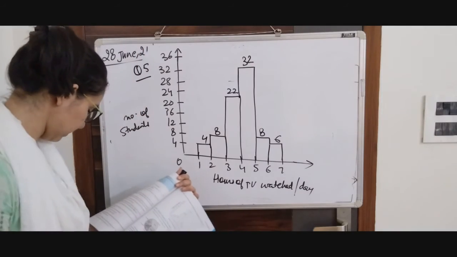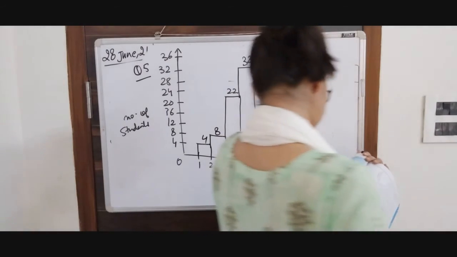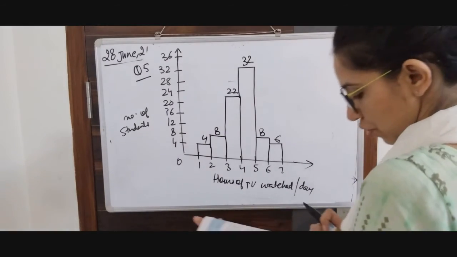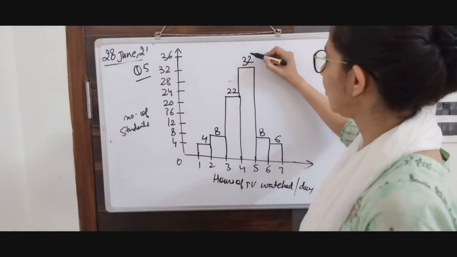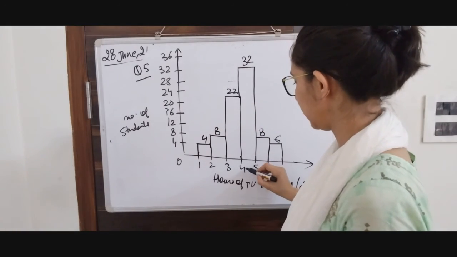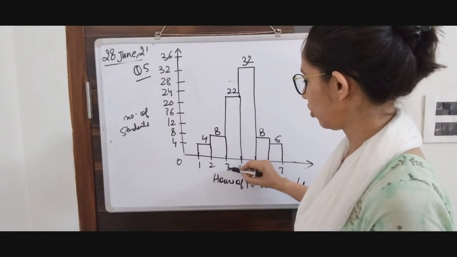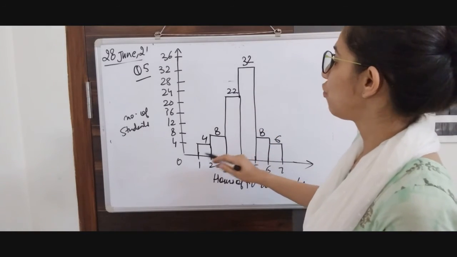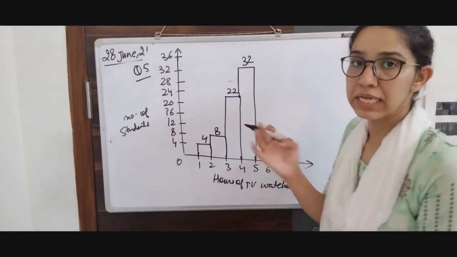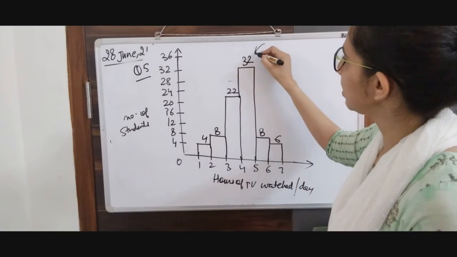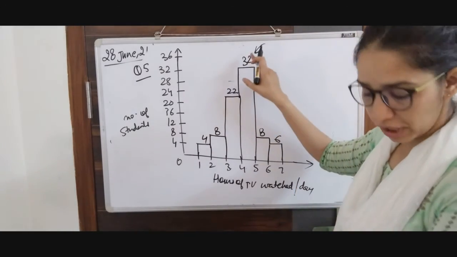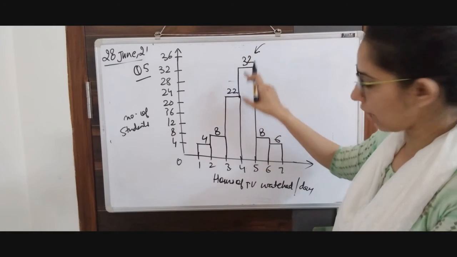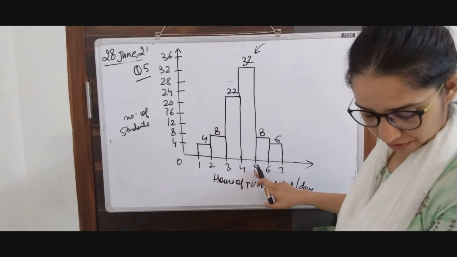So first is how many hours did the maximum number of students watch TV? This number of students are watching TV for this many hours. So which bar is having the greatest height? This bar is having the greatest height. So 32 students are watching for 4 to 5 hours.